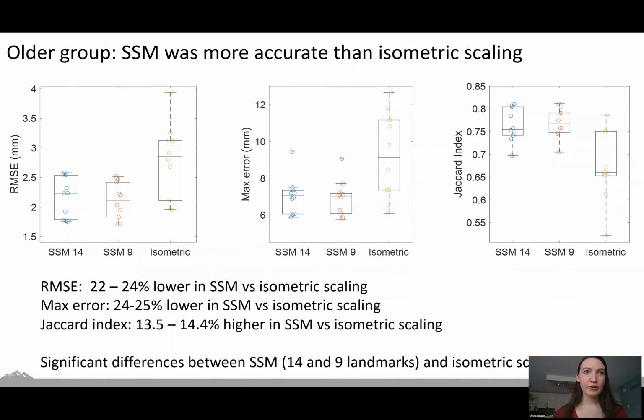And we saw a pretty similar pattern in the older adults compared to the younger adults. Shape model reconstruction performed better than isometric scaling. The root mean square error and maximum errors were about 25% lower, and Jaccard index, or volume similarity, was 14% better in shape model reconstructions compared to isometric scaling.